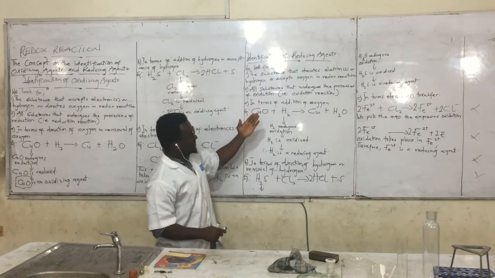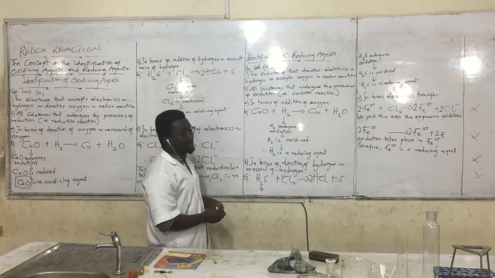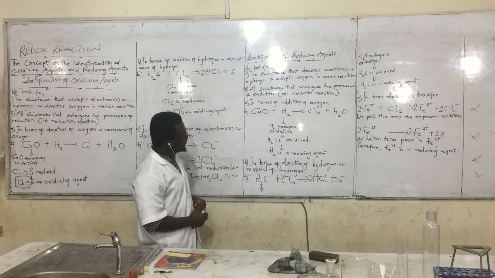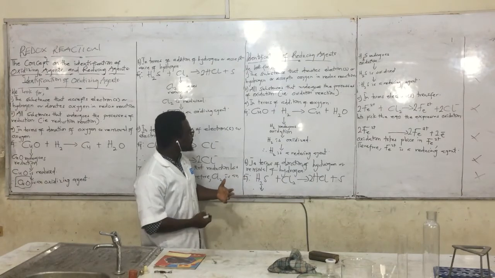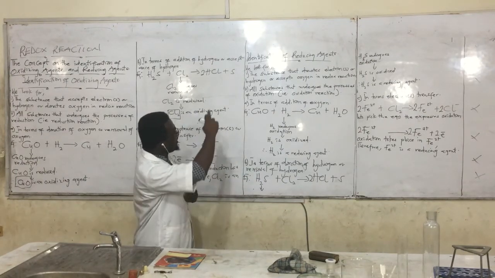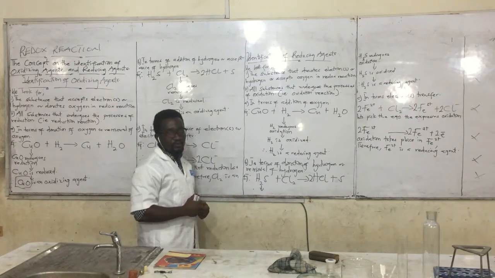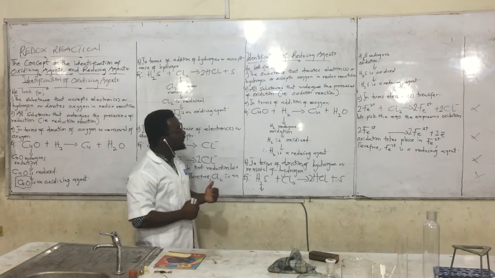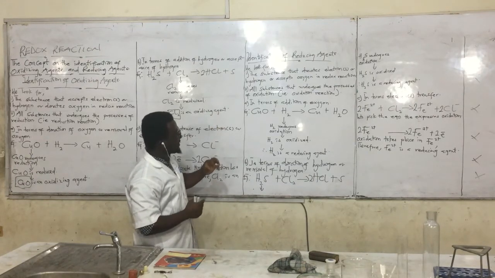Two, all substances that undergo the processes of oxidation. That is oxidation reaction. And then we said we want to look at it in terms of certain terminologies as used in the ideology of what we look for, certain specific things.